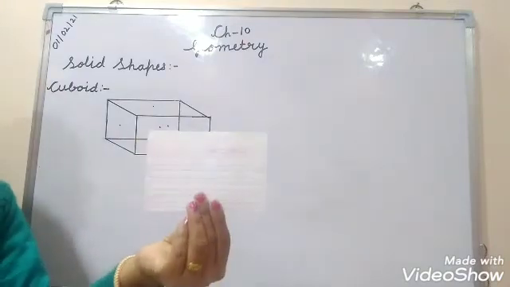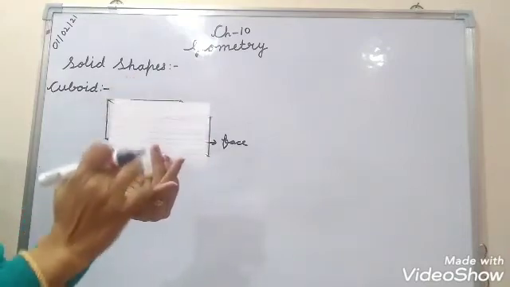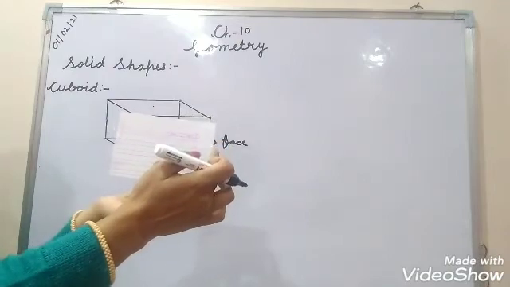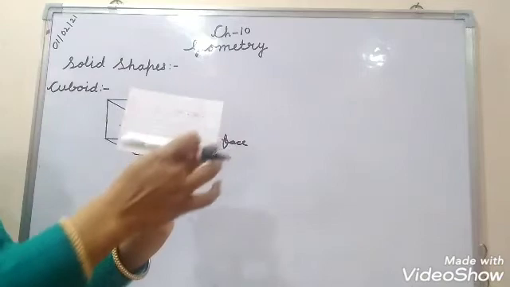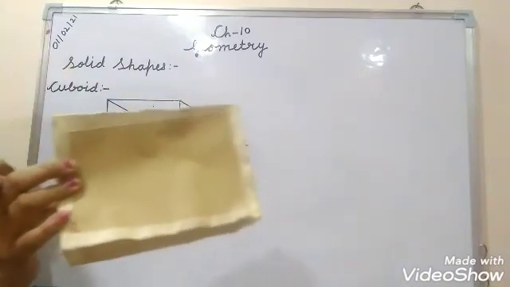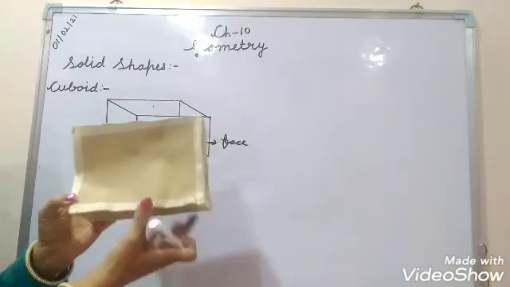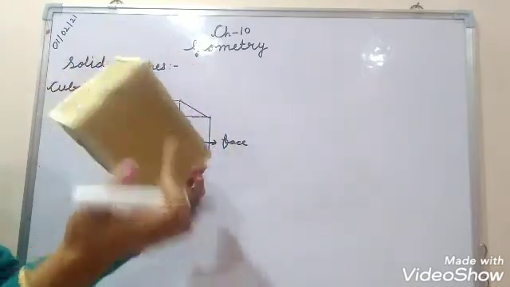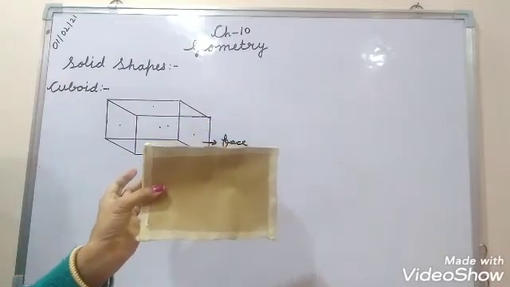In a rectangle, the opposite sides are equal. This side and this side are equal, and this side and this side are equal. This is the rectangle shape. You can see that all sides are not equal like a square or like a cube. Here the two opposite sides are equal, this one and that one, this one and this one. Clear? These are in rectangle shape.